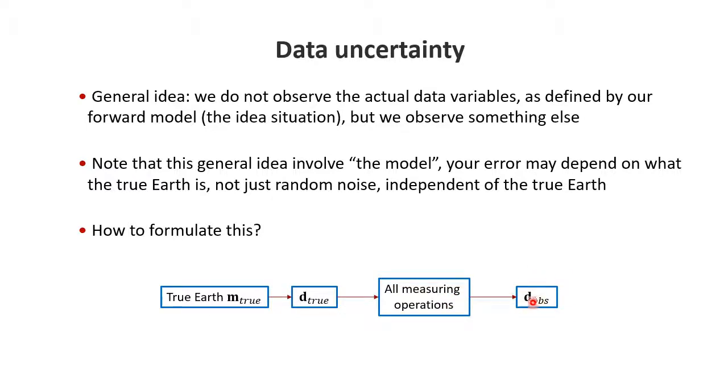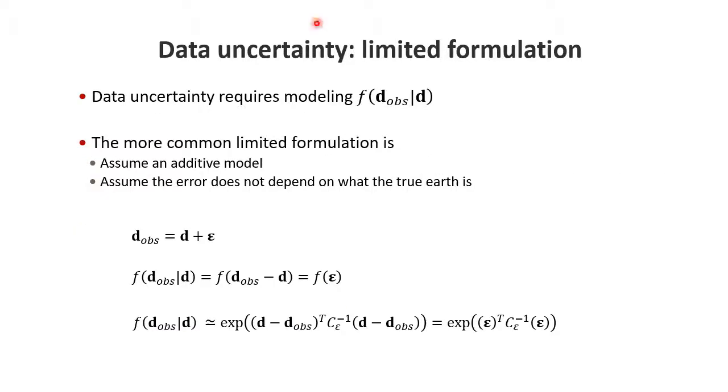So basically, data uncertainty is simply saying: what is the conditional distribution of the actual measurements that I have, given the true measurements D? Of course, this distribution is not very well known and will require modeling again.